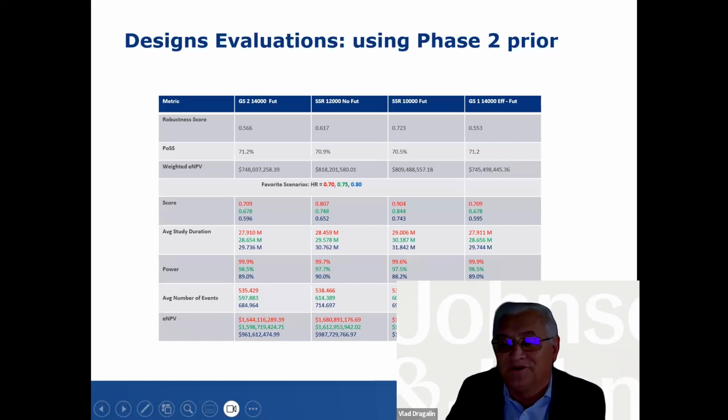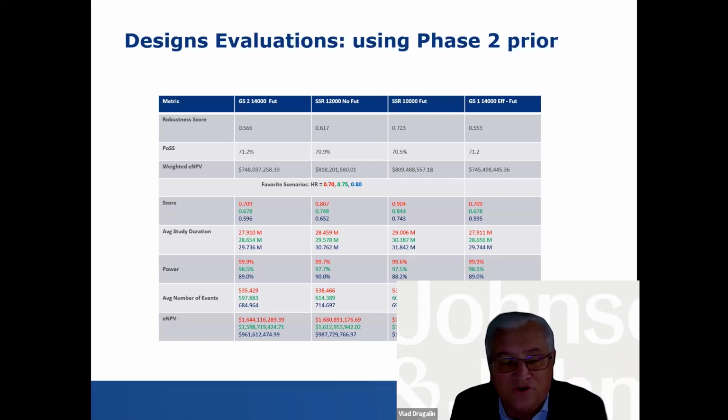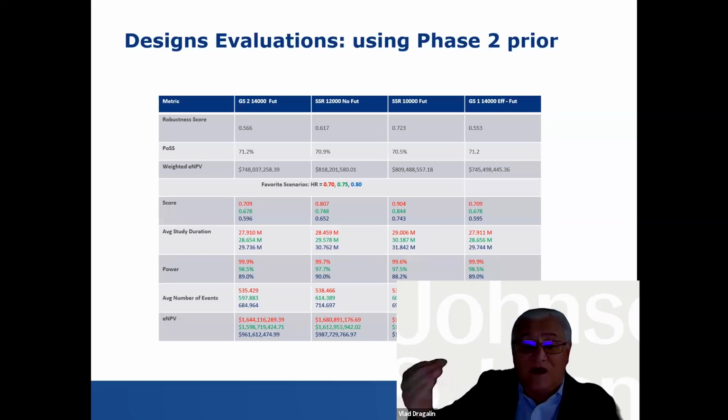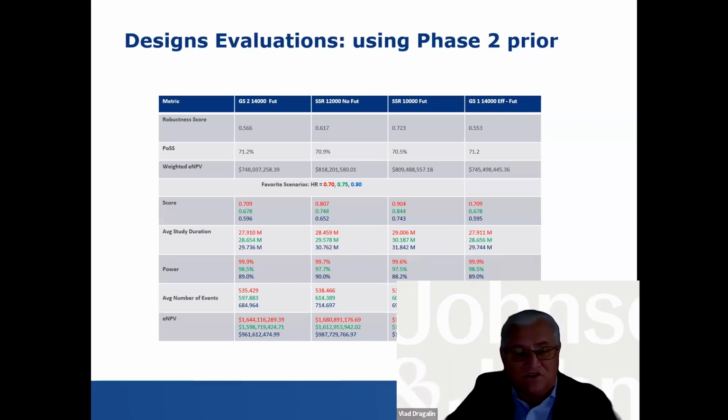If you want to use that terminology. This design, and you may guess why. Because this design is planned to enroll only 10,000. In ENPV, the cost per subject is a considerable contribution. If you have more subjects, you lose more because you have to subtract the cost.